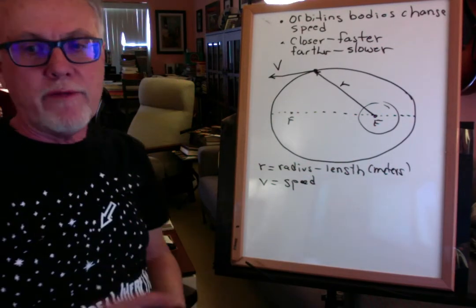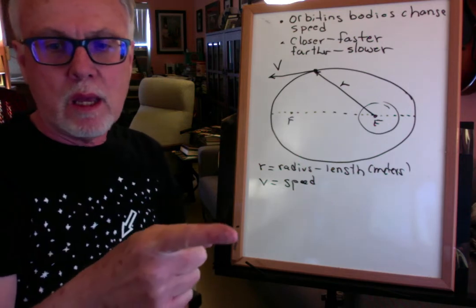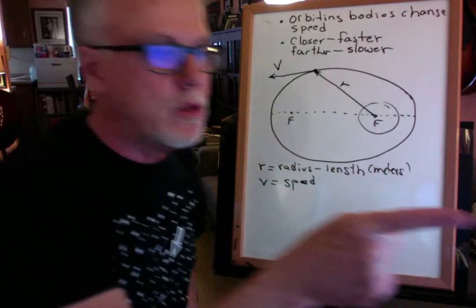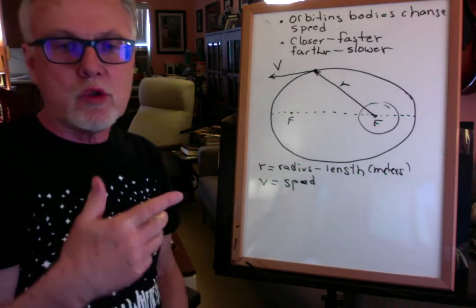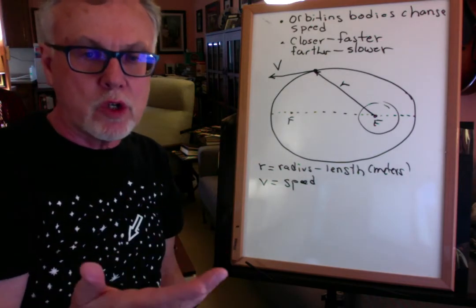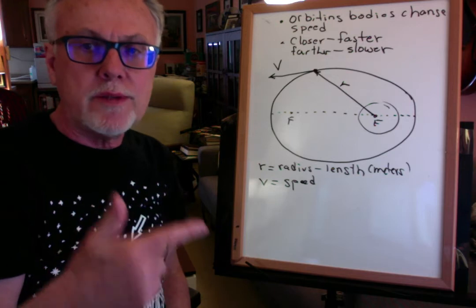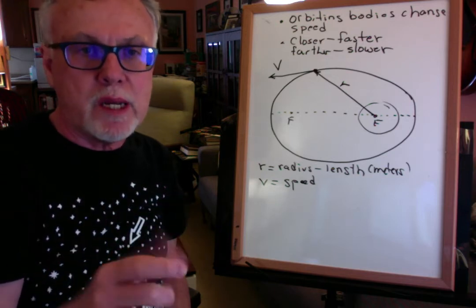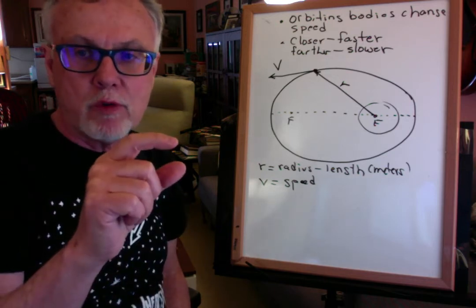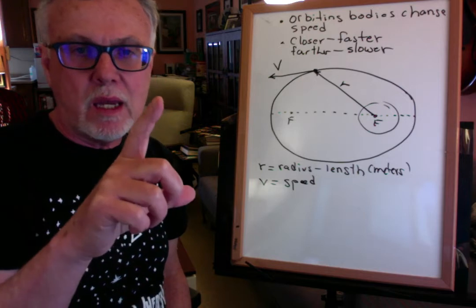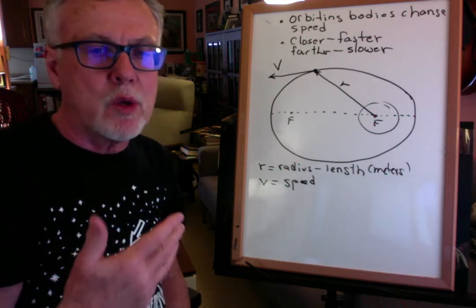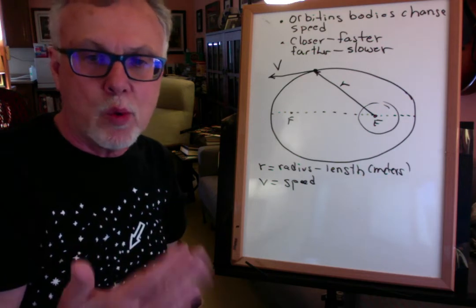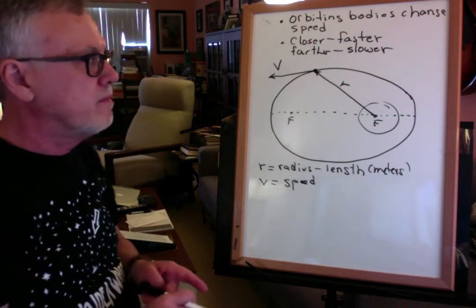In other words, if I'm moving around and I can have an arrow point in the direction that I'm moving in, then the direction of the arrow is the direction of motion, and the length of the arrow would be related to the speed. So a small arrow would be a slow speed. A long arrow would be a fast speed. So we use that arrow as a means of denoting something called velocity or speed in this case.